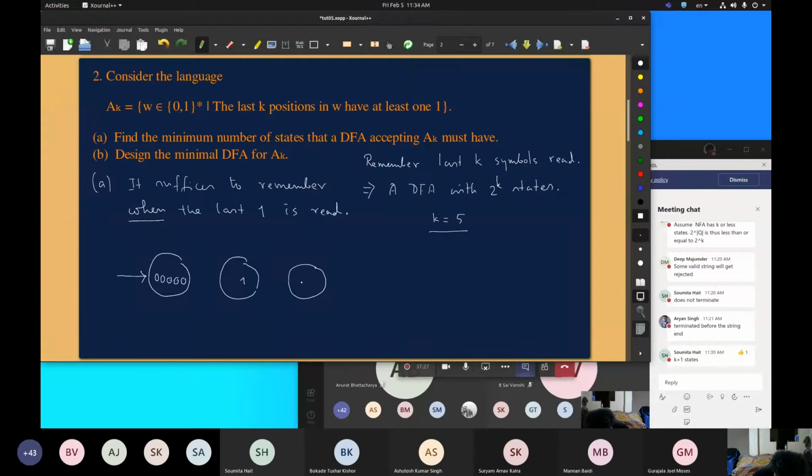Then 1, 0 means the second last symbol read is 1, and after that a 0 is read. And this initial part, the remaining of the 5 bits or k bits, is not important. So these are all accept states, final states.